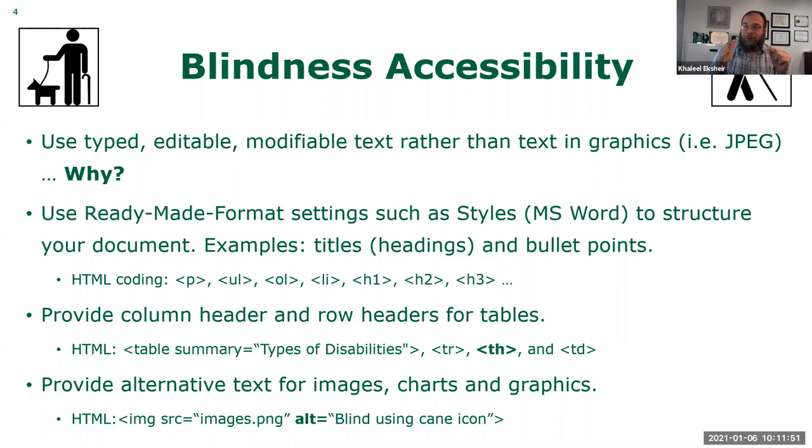If you do not do that, especially if your image is linked, the screen reader will have to convey something for the blind, and mostly it will convey the file name. The file name is not only the file name, for example image.img. It actually starts from the root all the way to the end of the path, which is the file name. So the screen reader will read everything.